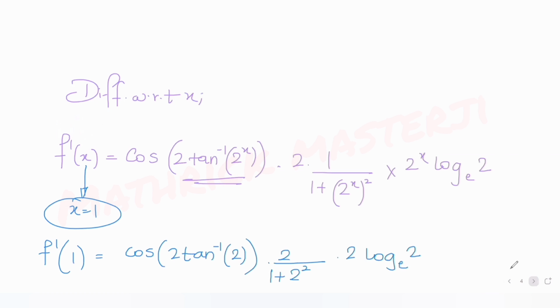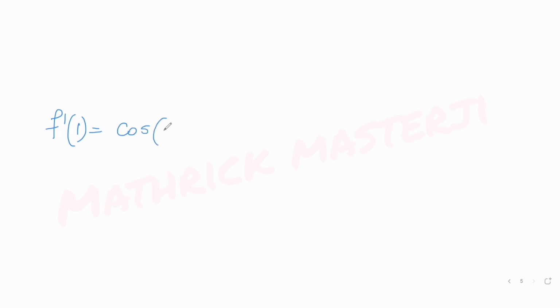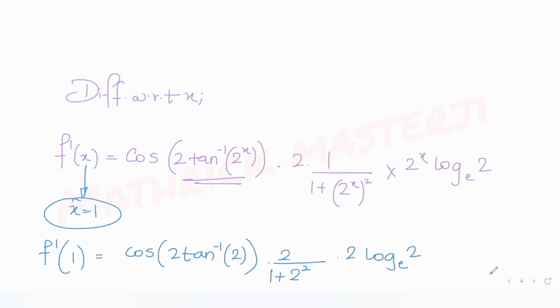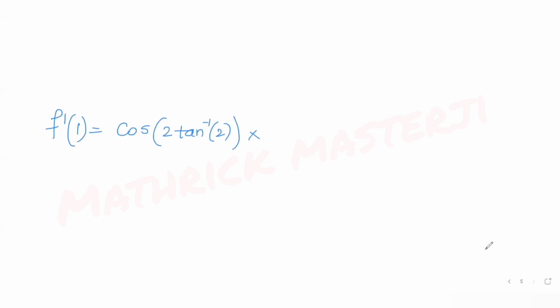So yeah, f dash of 1, if you see it better now, is cos of 2 tan inverse of 2 into 4 upon 5 log 2 to the base e. So you get this entire thing.